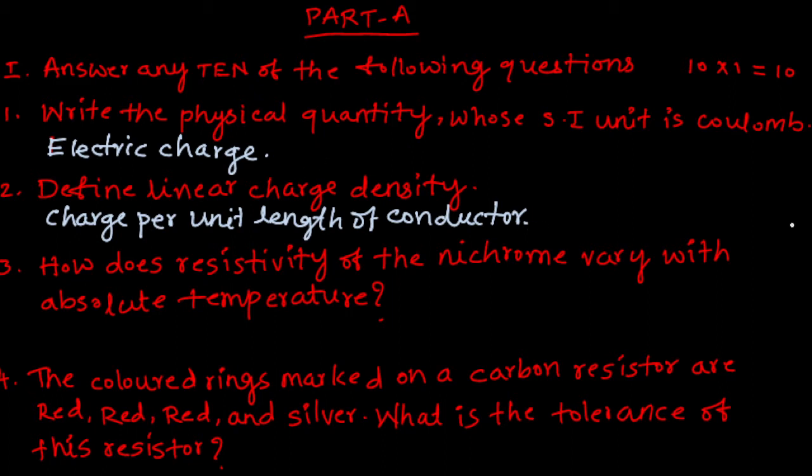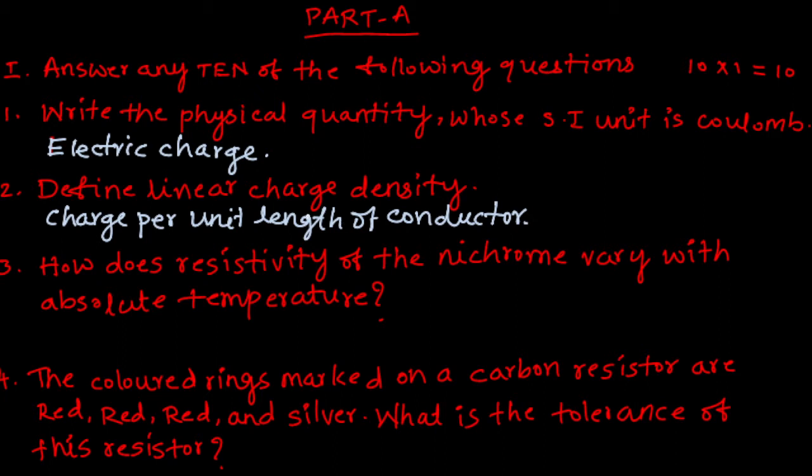Can you tell me what is its SI unit? It is charge per unit length, means charge by length. So its SI unit will be coulomb per meter. Sometimes they may ask you to write the SI unit of linear charge density. Similarly, they may ask you to define surface charge density or volume charge density.